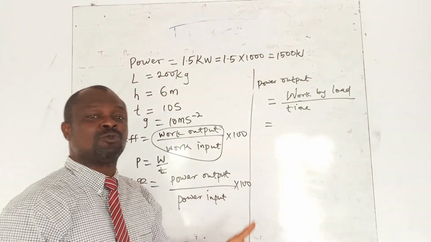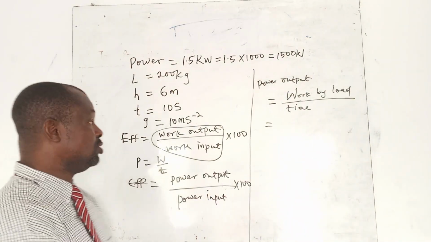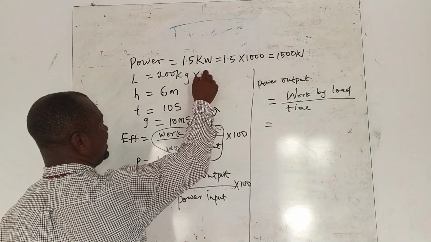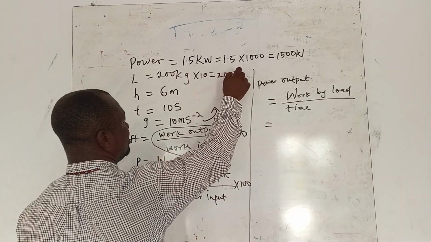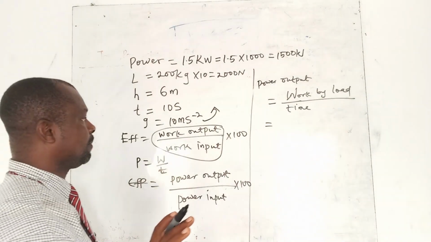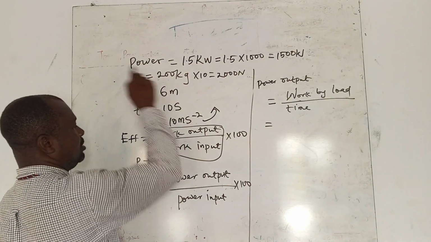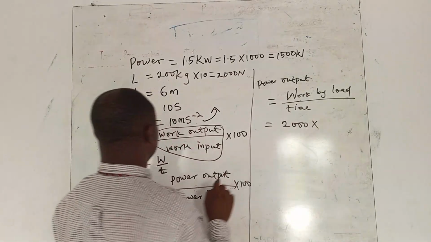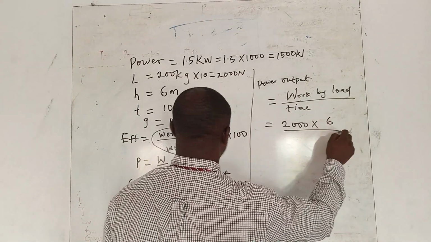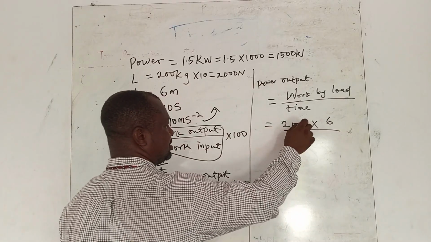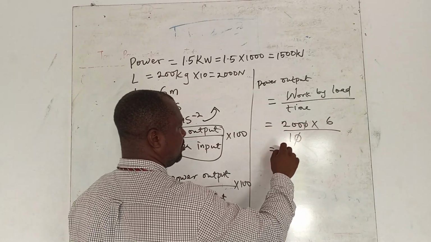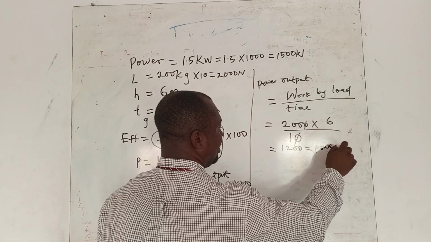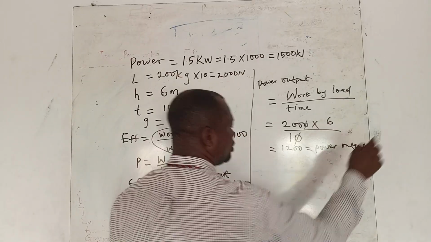If you want to convert it to force, which is like weight, you multiply it by the acceleration due to gravity. So when we multiply it by 10, it becomes 2000 newtons. That is the load. Now work done, this is the force, 2000 newtons, times distance, 6, divided by time, 10 seconds. This gives us 1,200. This 1,200 is the power output.